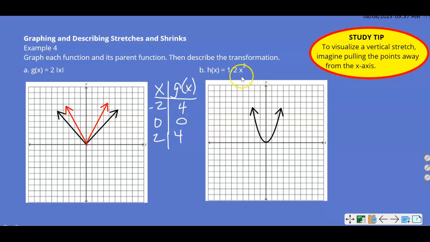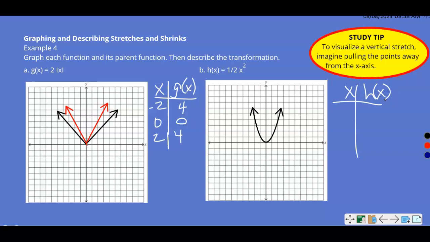h of x is a quadratic, so the parent function is y equals x squared, or f of x equals x squared. All quadratic functions have a highest degree of 2. And this one says graph h of x equals 1/2 times x squared. So we're going to do something very similar. We'll let x equal whatever we want it to be, and then solve for y, or h of x.